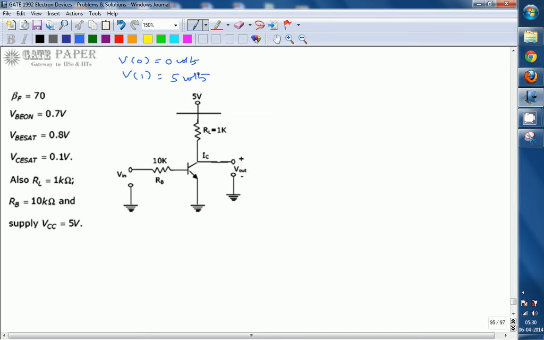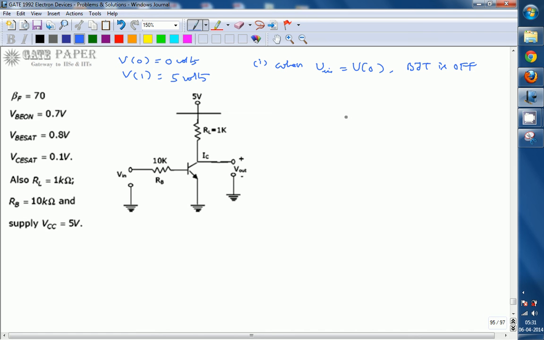First, case 1: when V input is at V0, then the BJT is off, because we are applying a low level to the NPN transistor.